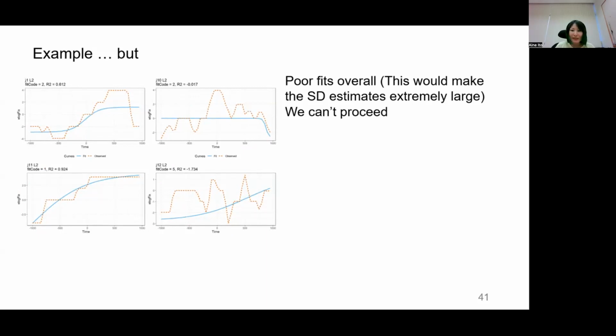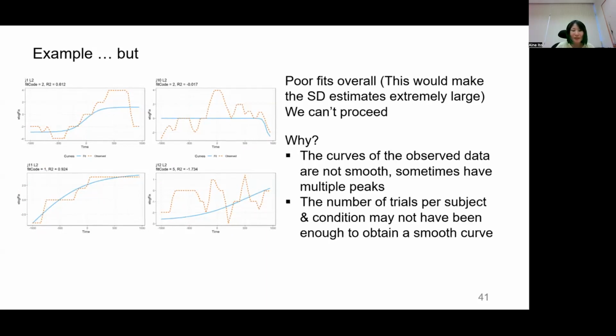Why might this be happening? The curves for the observed data, the orange dotted line, are not so smooth. You see lots of change over time with multiple peaks. And in this study, we did not have many items, so if we divide the data for each subject, you don't have that many data points for each subject. We couldn't really draw a smooth curve for each participant. That's probably why the data is not so smooth and why the curve fitting didn't work very well.